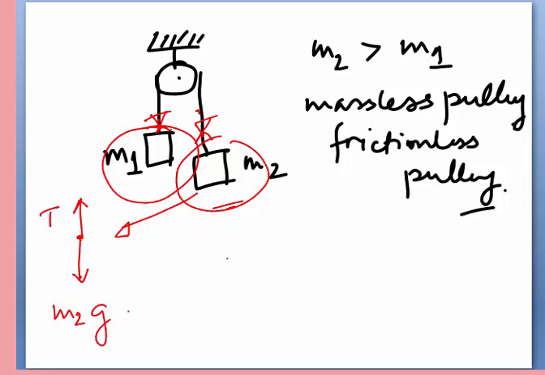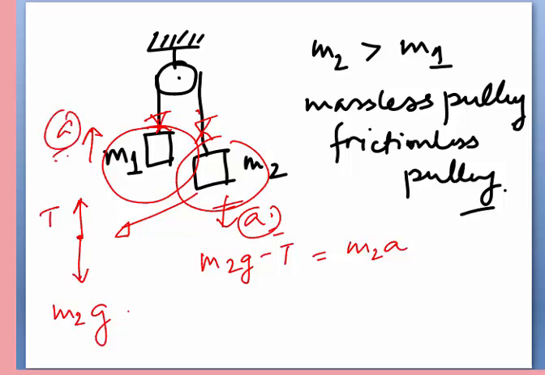So my net force equation becomes M2G minus T equal to M2 into A, where A is the acceleration with which mass M2 is coming down. Similarly, A is the acceleration with which mass M1 is going up. Now we create the free body diagram for mass M1.